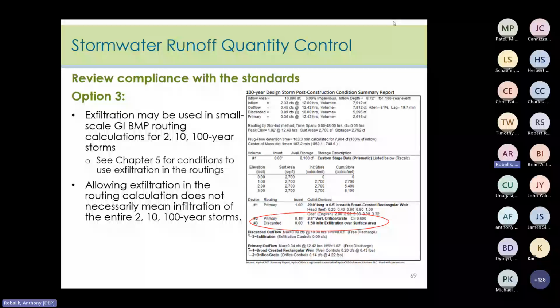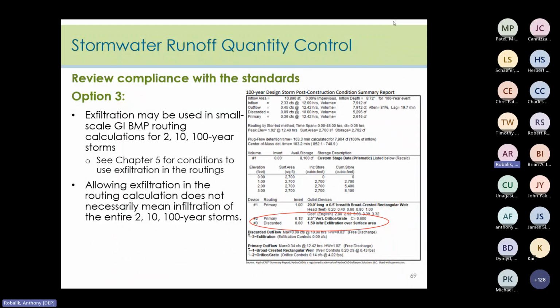As was mentioned in an earlier module, infiltration of the entire 2-, 10-, or 100-year storm is allowed only when the existing site conditions are such that no runoff leaves the site for the pre-construction condition scenario, thereby constraining the design to infiltrate 100% of the volume produced by the post-construction condition for the same design storm.